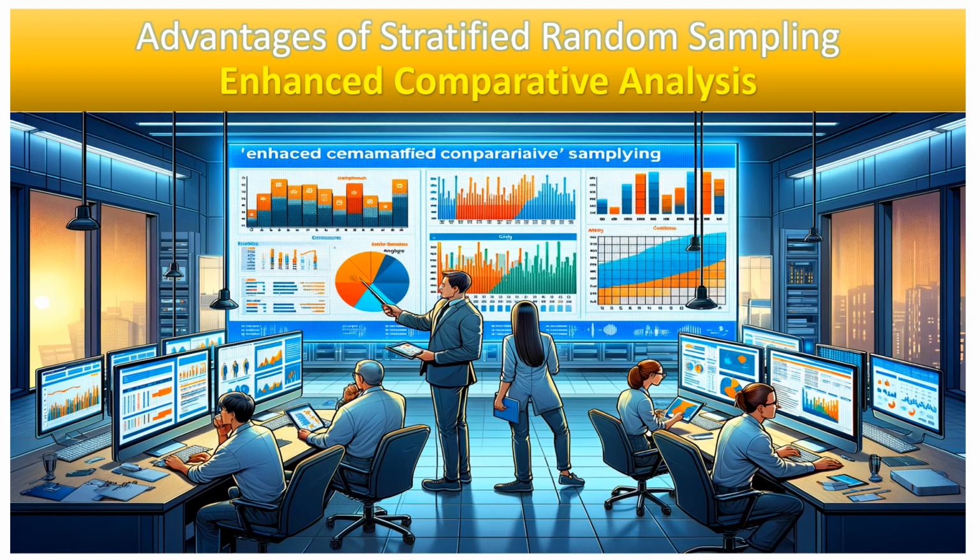By dividing the population into distinct strata, this method facilitates comparative analysis between different subgroups. Researchers can easily compare and contrast results across strata, gaining insight into how different segments of the population vary in terms of the variables being studied. This comparison can lead to more refined and informed interpretations of the data.